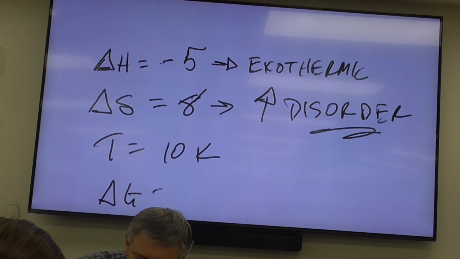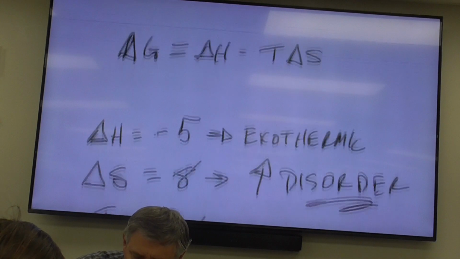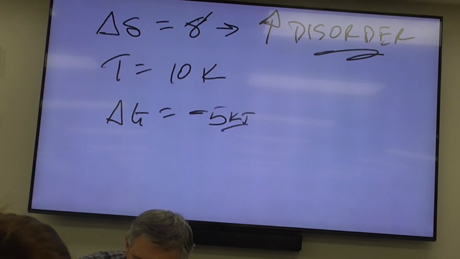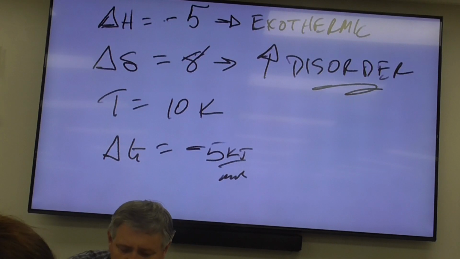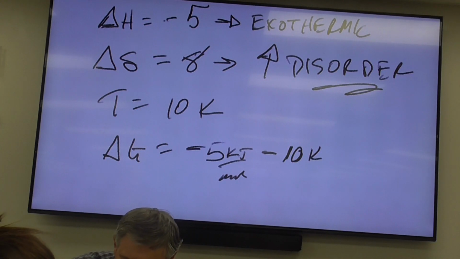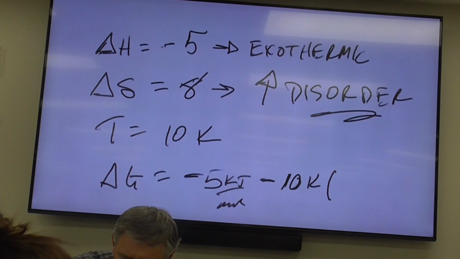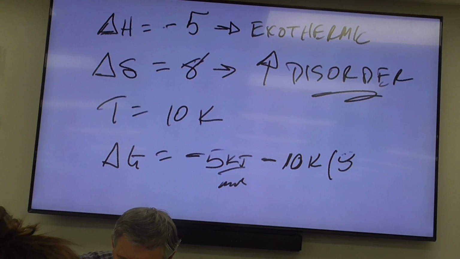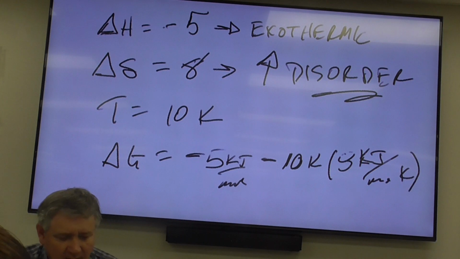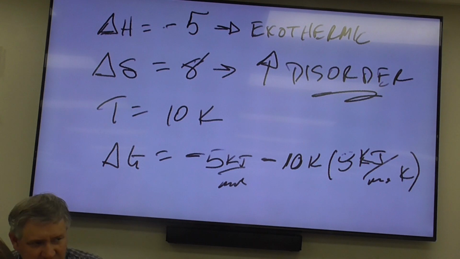So delta G is going to equal my delta H, which is going to be negative 5, and typically that's kilojoules per mole, minus my temperature, which is 10 degrees Kelvin, and then my entropy is going to be 8 kilojoules per mole Kelvin.